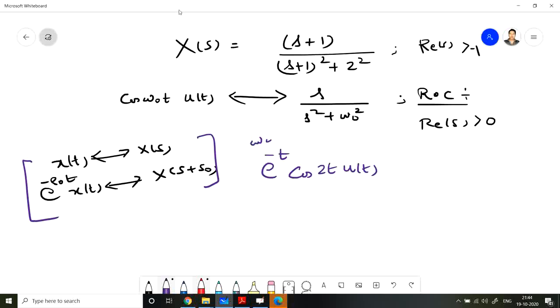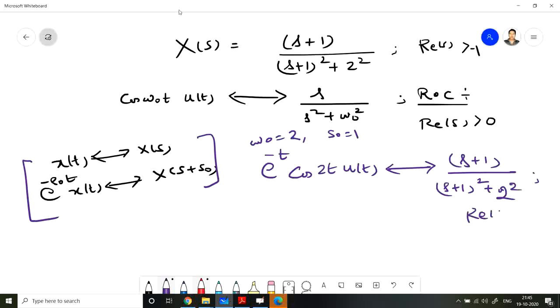Here omega naught is equal to 2 and s naught is equal to 1. The Laplace transform should be s plus 1, so wherever you have s, you have to replace it with s plus 1. So s plus 1 divided by s plus 1 whole square plus 2 square, and the ROC will change to real part of s greater than minus 1.